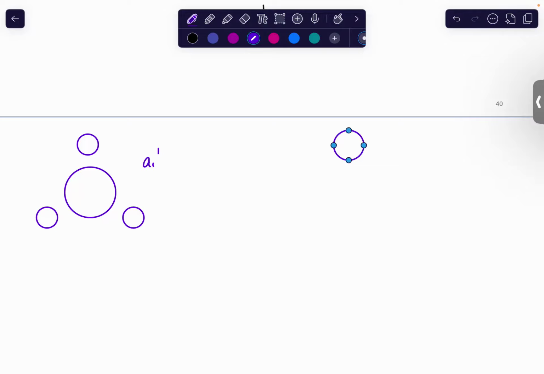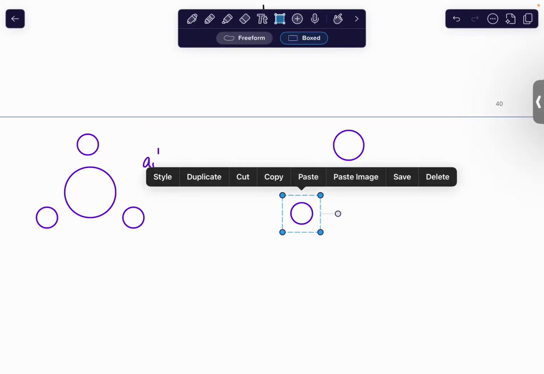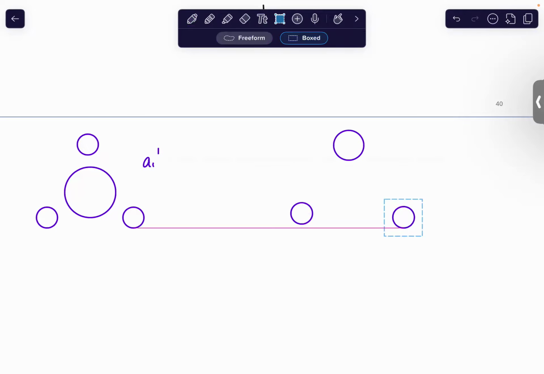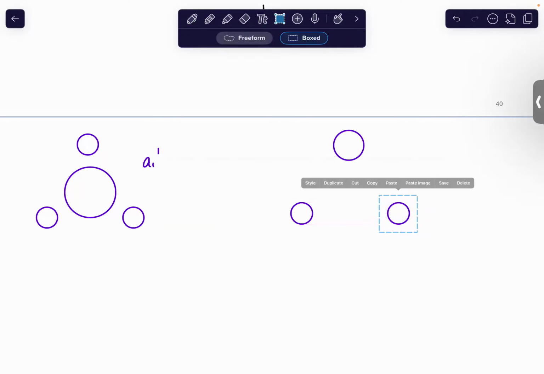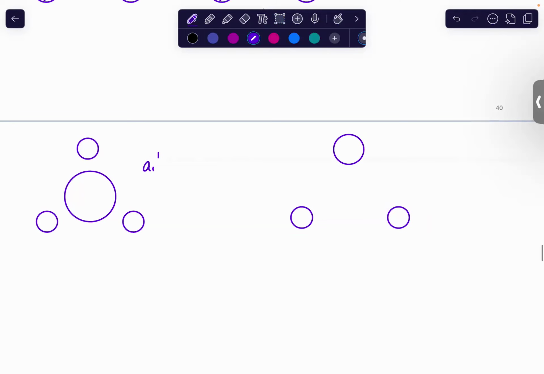So let's look at this first E prime ligand orbital. Now, how do you think the p orbital would fit in here to cause bonding?